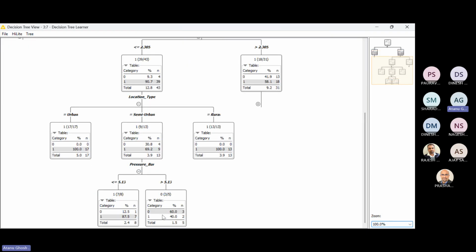Now, again, it cannot go beyond this because I have said that you cannot have any leaf node where the number of observations is less than 5. So it's working on two constraints. One constraint is it can break down to the next level of leaf nodes if there's an information gain. That means one of the nodes must have a higher probability in one of the classes.